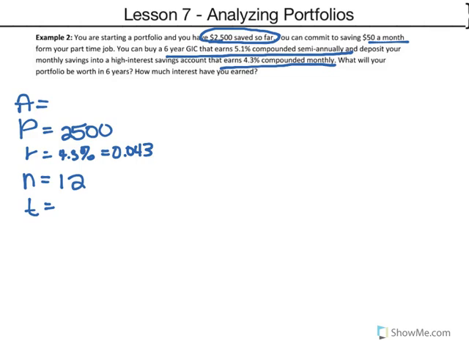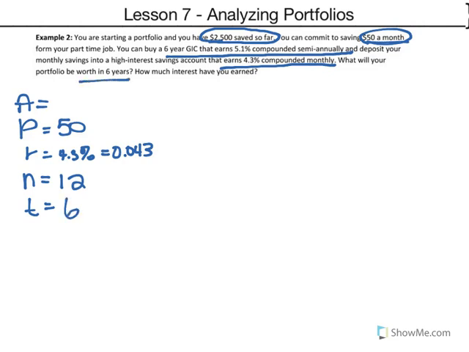Just kidding, that's our monthly savings. Our monthly savings isn't $2,500, that is very high. We're committing $50 a month, which is 50 for P. Our rate is 0.043. Our N is 12. Our T is 6, because we are doing this for 6 years.